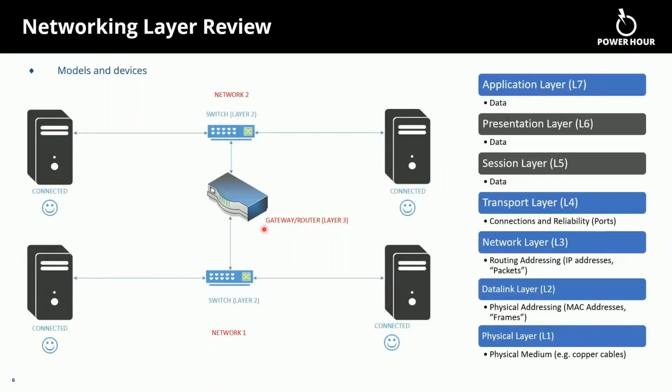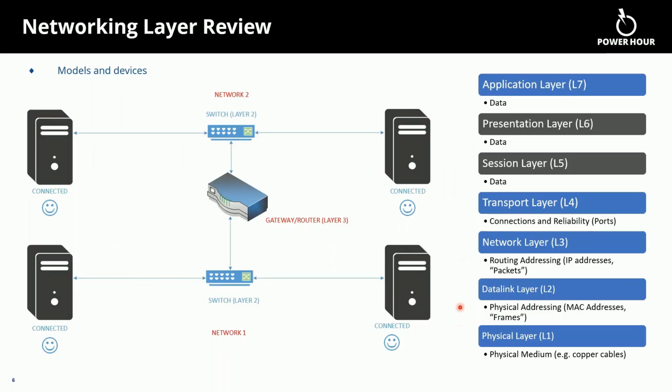So I'm glad you bring this up, because I did want to emphasize one thing. We just talked about the physical layer, so that's no routing going on there. The data link layer, you're talking about frames and switches and MAC addresses, no routing. On layer 3, we're talking about packets, IP addresses, and routers.